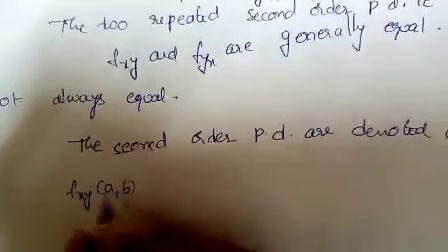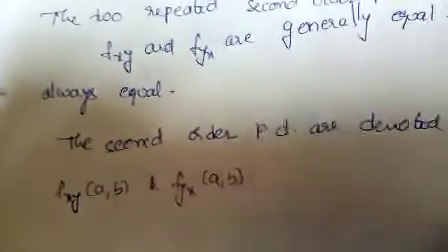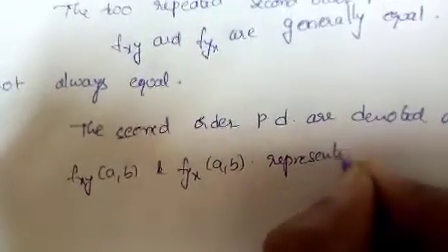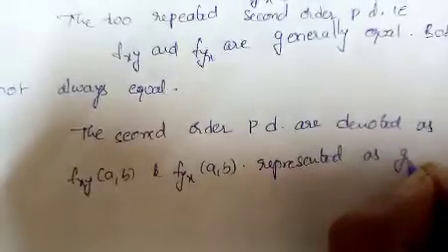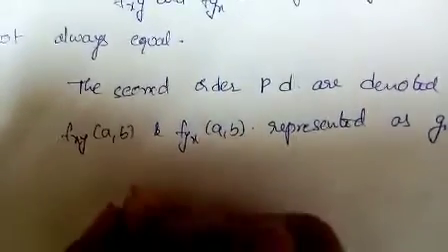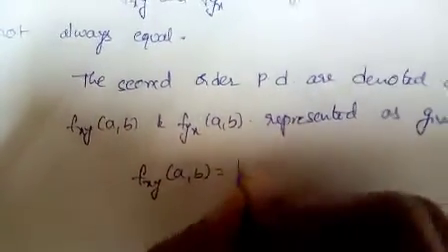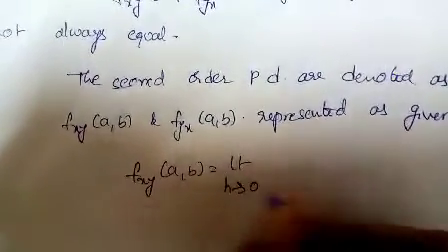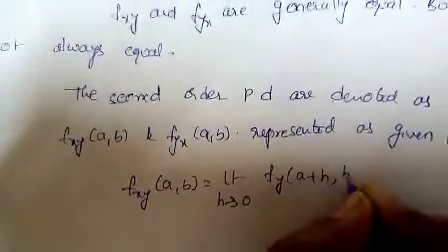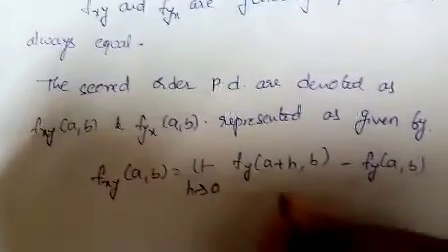It means the point is a comma b, and fyx of a comma b represented as given by fxy of a comma b equal to limit h tends to 0 fy of a plus h comma b minus fy of a comma b by h.